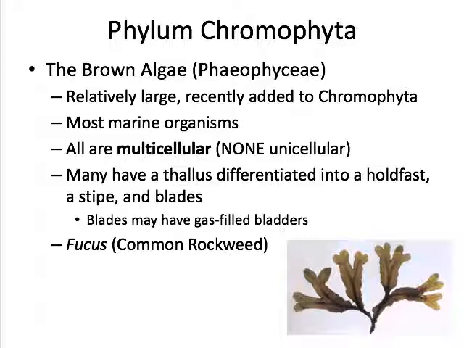So there's no single-celled members of this family of brown algae. Many of them have a body plan that consists of a thallus that is differentiated into a holdfast, a stipe, and a blade. And the blades often have gas-filled bladders that help keep the photosynthetic parts buoyant in the ocean waters.